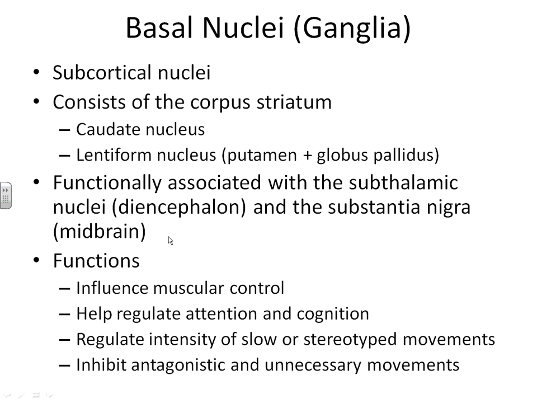These nuclei are going to be responsible for helping you get your muscular control just right, helping you to regulate your attention and cognition, and also not just helping you keep your motor functions accurate and correct, but also inhibiting any unnecessary movements that you don't want to make.